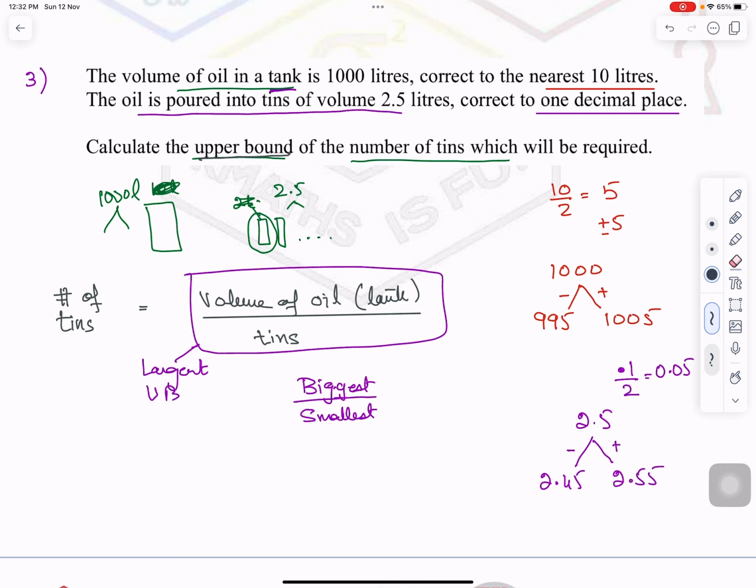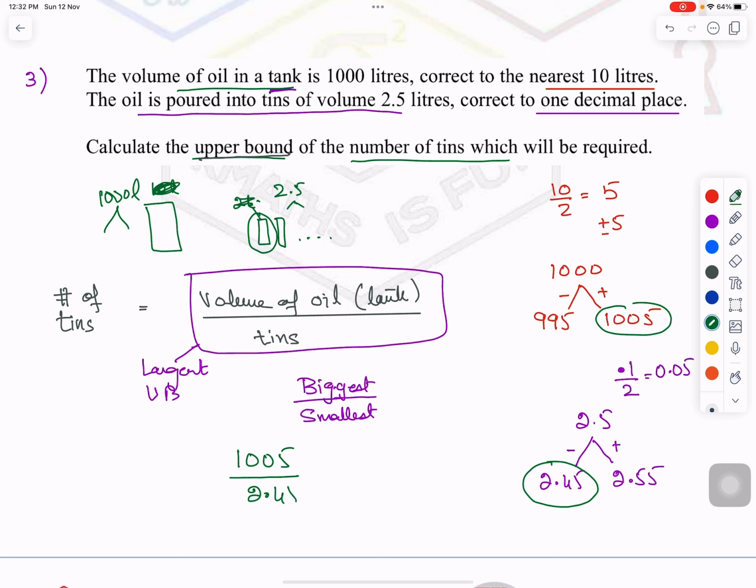So that's why for volume of oil, I will pick up 1005. This is my numerator. And for the tins, the quantity I want is smallest, which is 2.45. So I will do 1005 divided by 2.45. Let's see what the answer is.